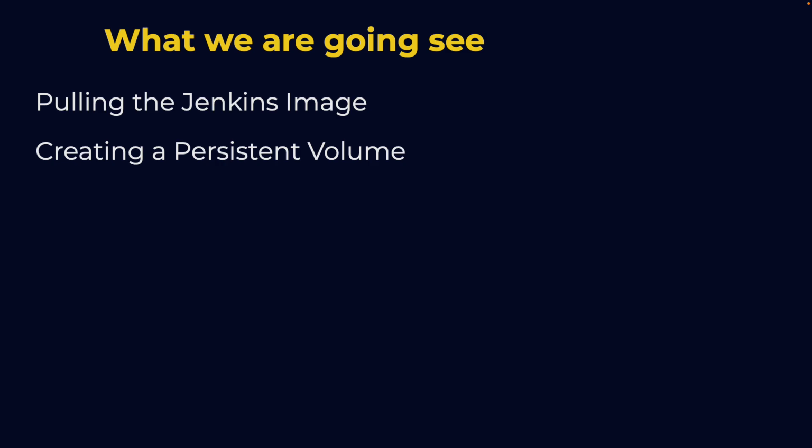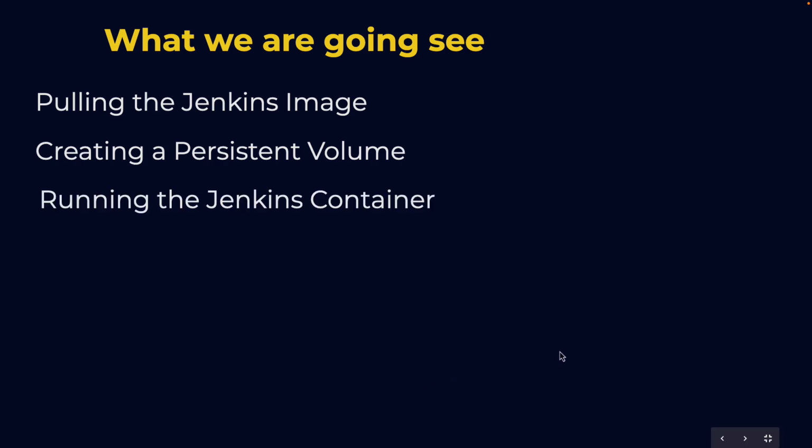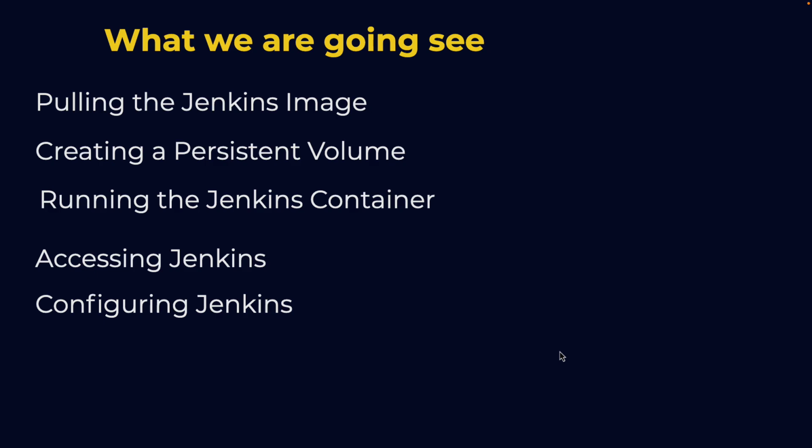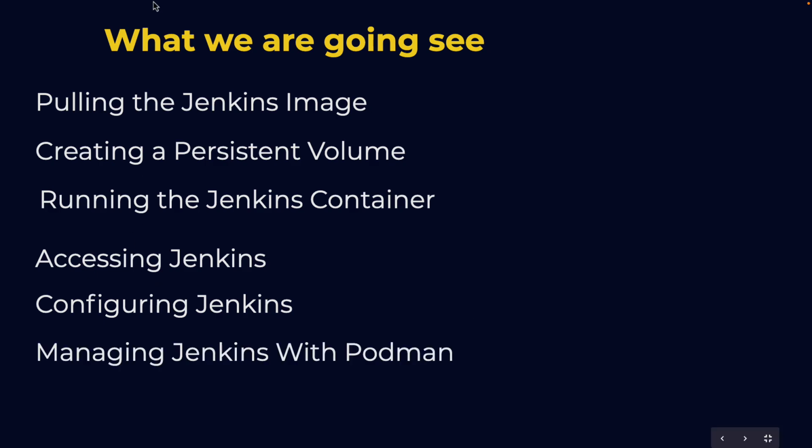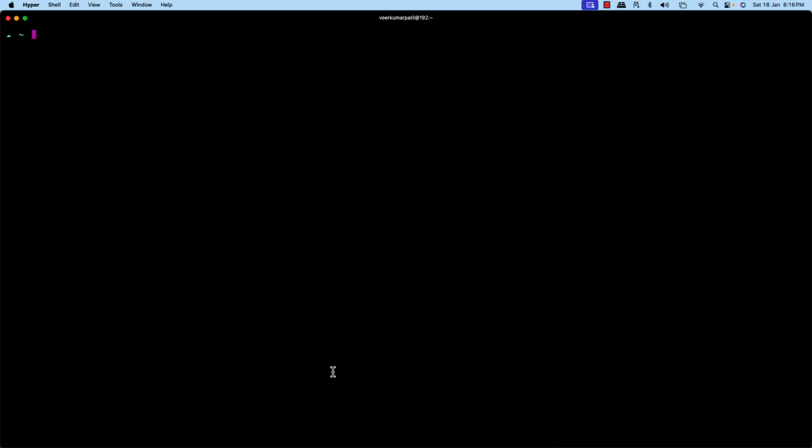Then we'll run the actual Jenkins container, and then access Jenkins. We'll configure Jenkins, and in the last step we'll see some Podman commands that will help you manage Jenkins. So these are the six steps that we are going to see in this video. What I'll do now is quickly flip to my terminal, and from there we can get started.